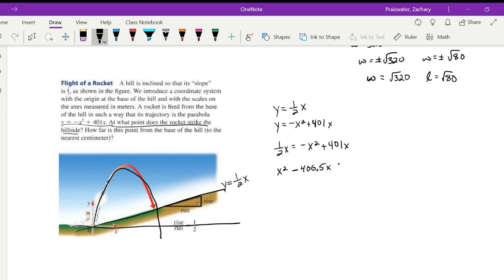x. And then this one's not bad to solve. We can use a greatest common factor. And so x is equal to 0, which is when it takes off. And then x is equal to 400.5. So that is this value here.